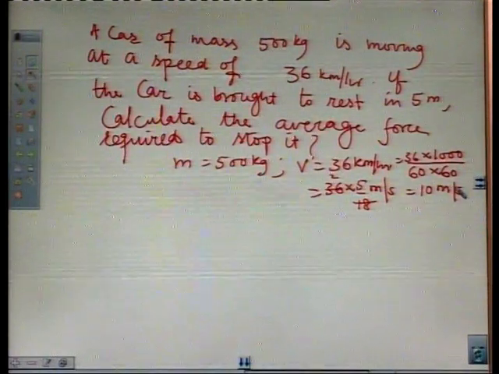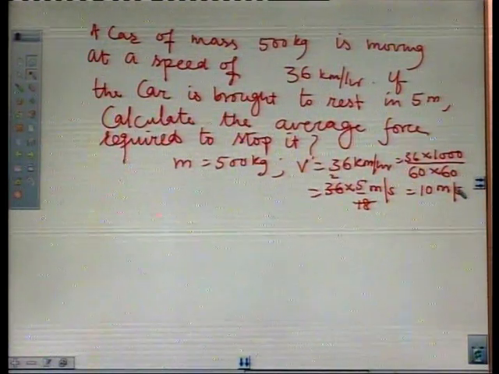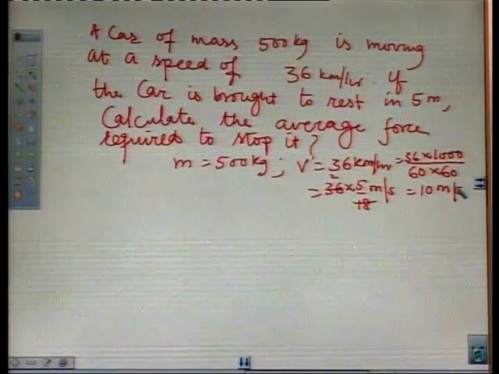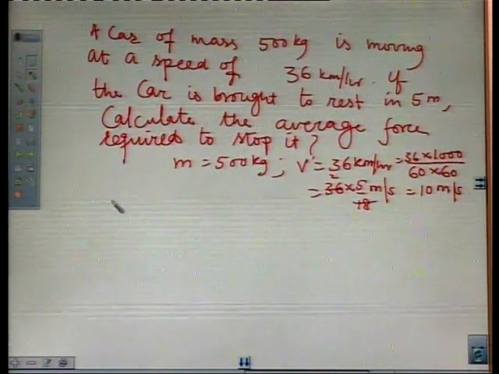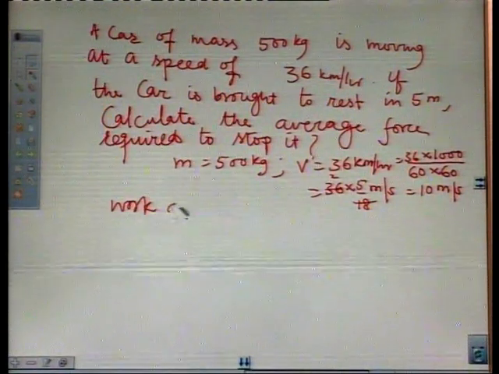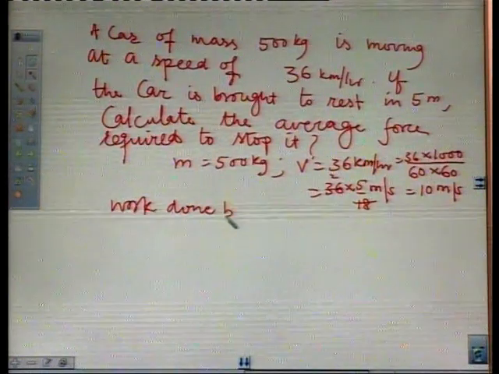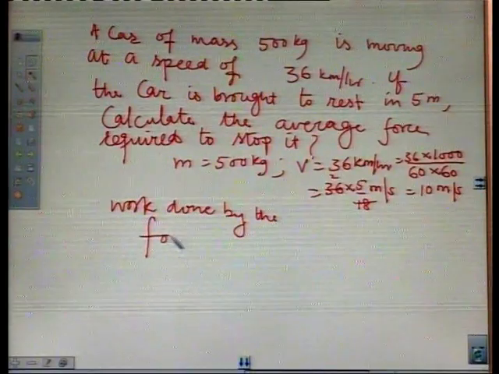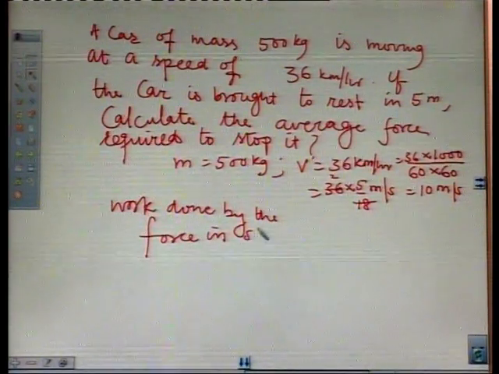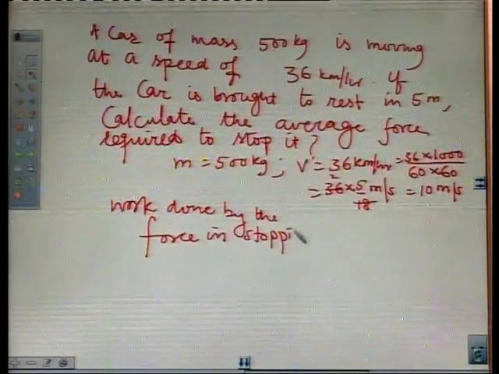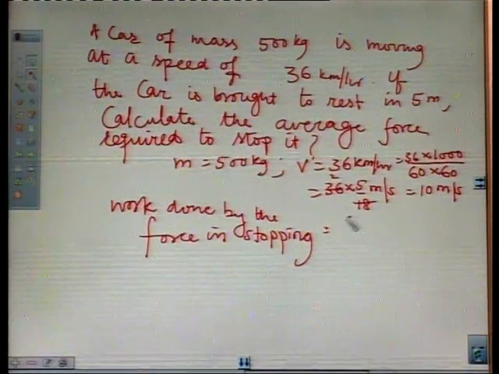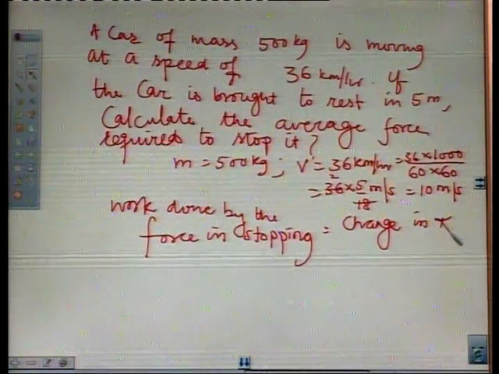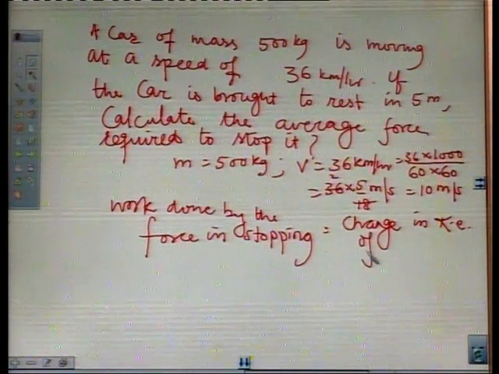Now, the car is stopped by a certain force. So, work done by the force in stopping the car should be equal to the change in kinetic energy of the car.